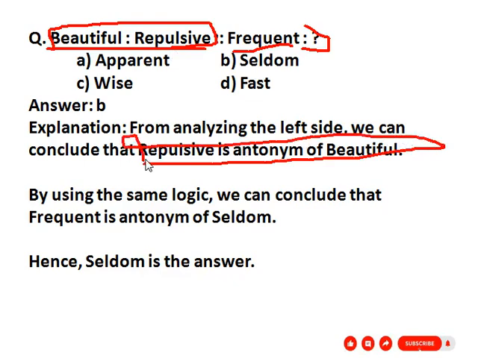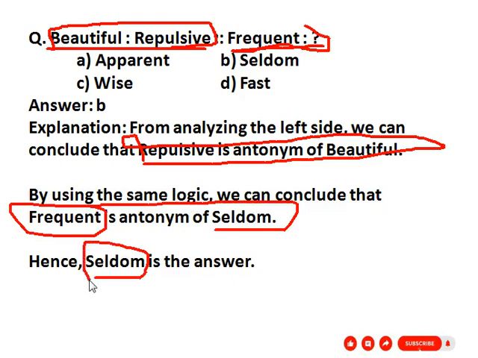So the opposite word of beautiful is repulsive. So what is the opposite word of frequent? Seldom is the opposite word of frequent. So seldom is the correct answer. Here given option B, seldom.